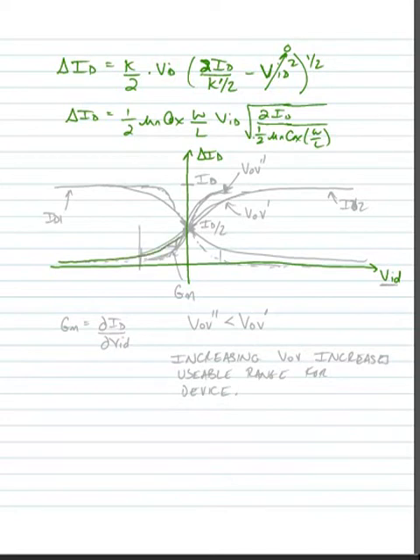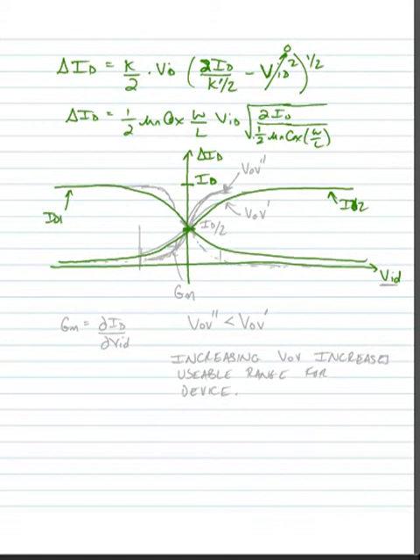So we should get something that looks like this, where this curve represents ID2, and this curve represents ID1. Now these would have a peak value of ID, which was the value through our current source.